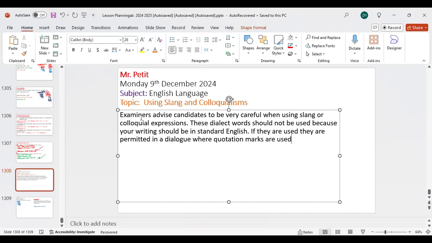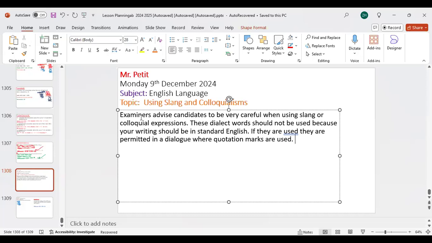So let's say, for example, you write a narrative essay, and a narrative essay tells a story. You have narrative, descriptive, expository and persuasive essays.